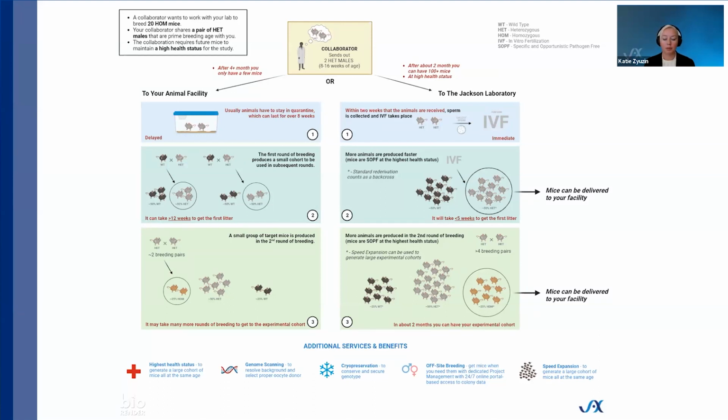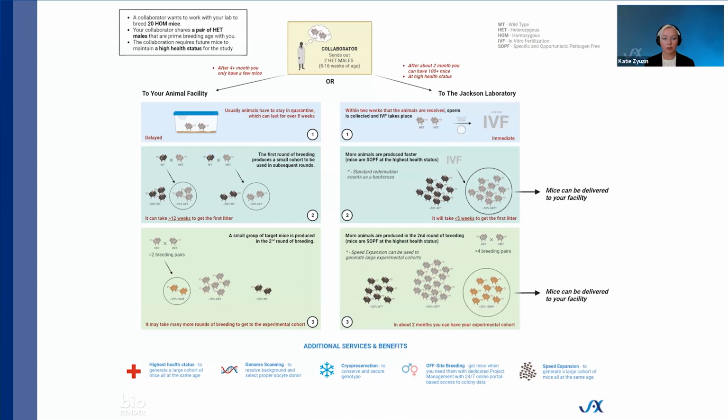Besides, IVF is usually much faster than breeding, and importation to JAX does not require quarantine, which means that fertilization takes place within just a few days of shipment. Additionally, IVF can be scaled to get very large age-matched cohorts, which are desirable for certain studies.